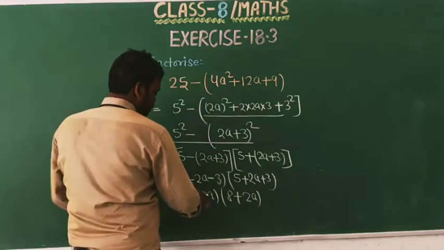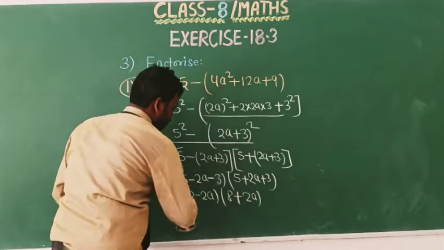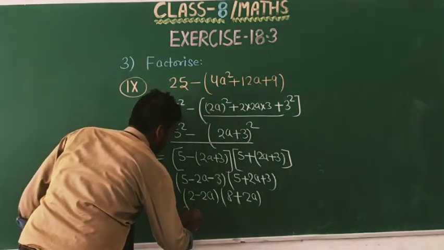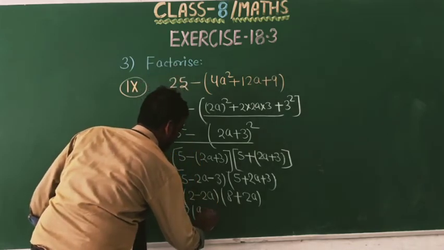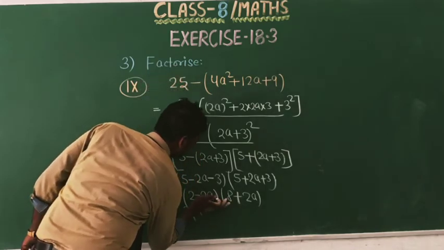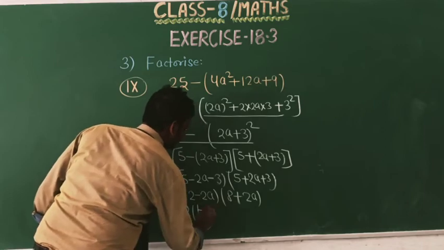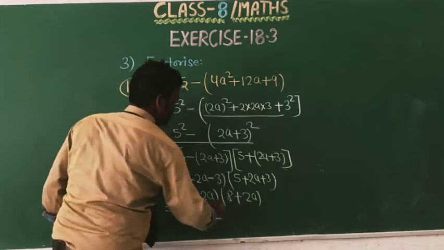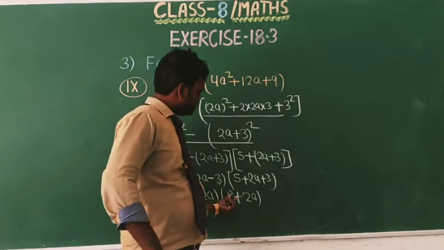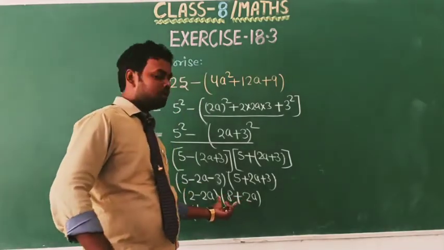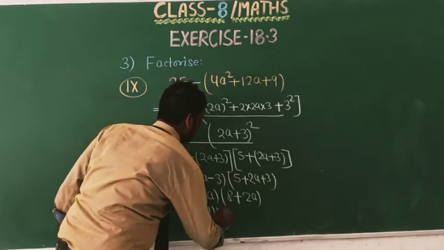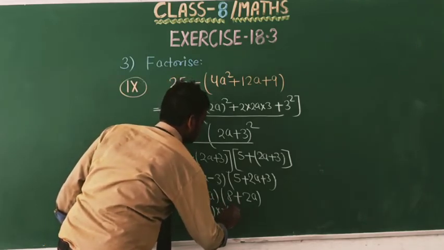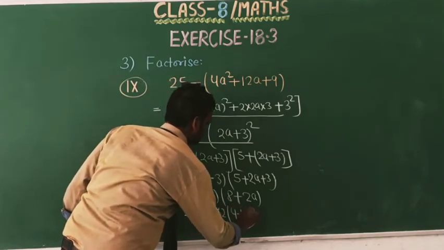In the first bracket, 2 is common, so taking 2 out, this is 1 minus a. In the second bracket, 2 is again common, so taking out 2 as common, this is 4 plus a.